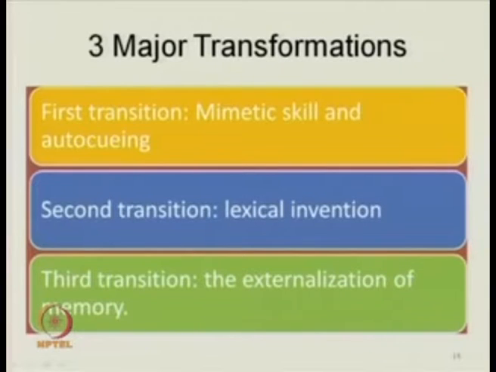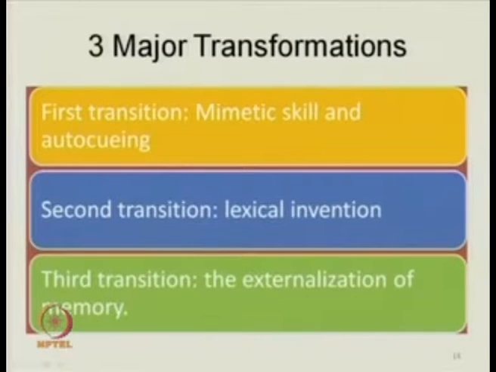Fine. So this work by Merlin Donald, about the story of the origin of the modern mind and culture being a very important part of it, hinges on three major transformations.